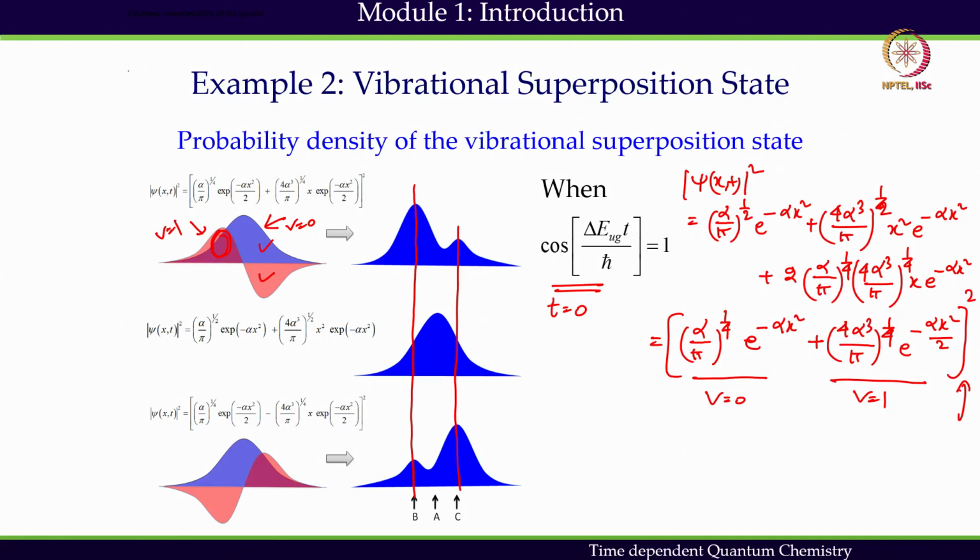We have been discussing vibrational superposition state, and we have shown that for the cos function equal to 1, which means that at t equals 0, at the beginning of the superposition, we have proved that the density will be localized at a particular point, which we are defining as the B point in space.